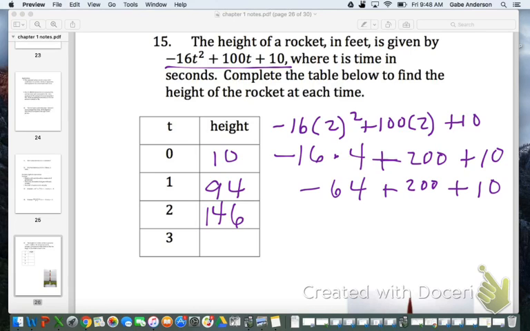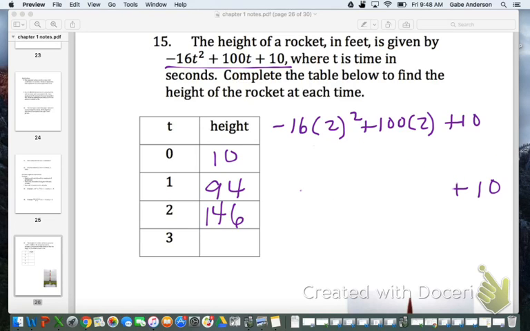I'm going to show you one way you could do this. I'm going to erase all that and replace the 2 with a 3. So 3 goes here, 3 goes there. This is a little tougher, but it would be negative 16 times 9, plus 300, plus 10, doing my order of operations.